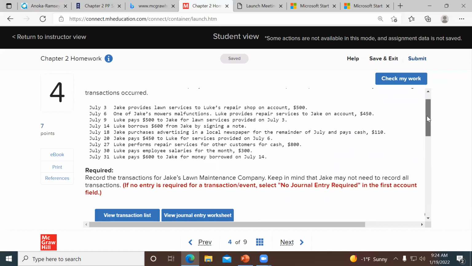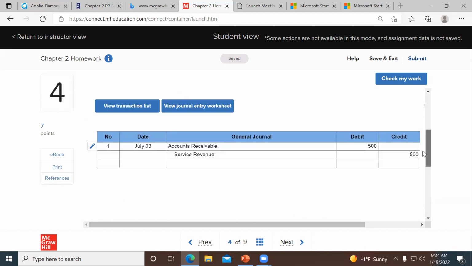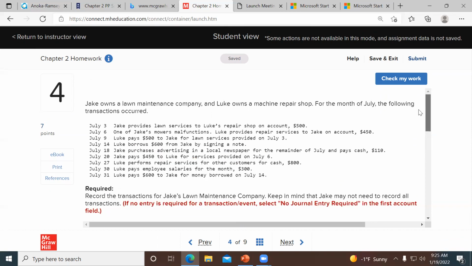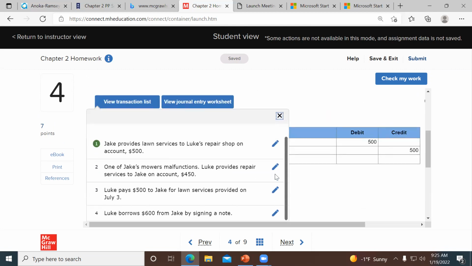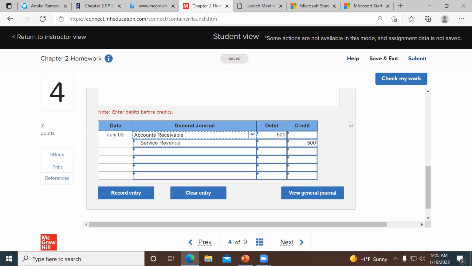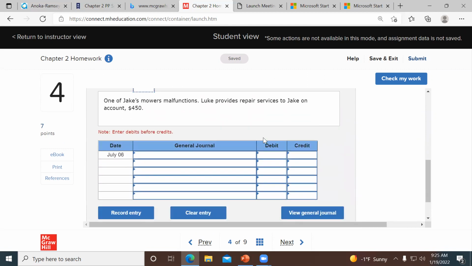The next one, one of Jake's mowers malfunctions. Luke provides repair services to Jake on account $450. What does that mean? Repair expense.